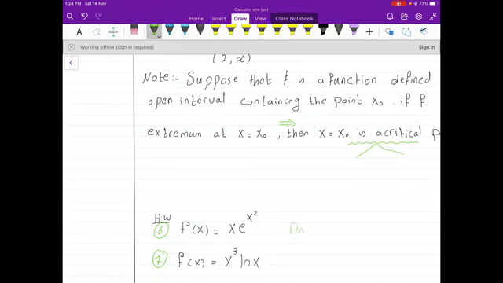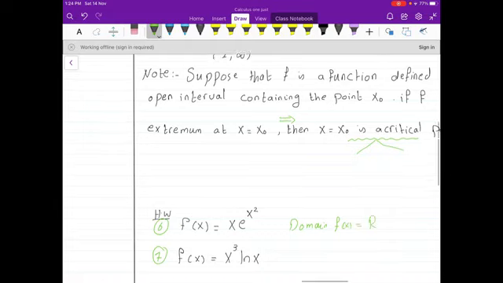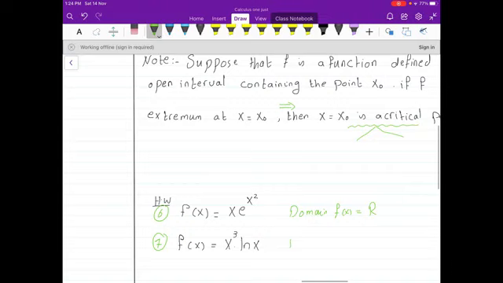First of all, the domain for the first function is R. And the domain for the second function, what? You have ln, so the domain will be from 0 to infinity. It is a product of two functions. The first function's domain is R and the second from 0 to infinity, and the intersection is 0 to infinity.